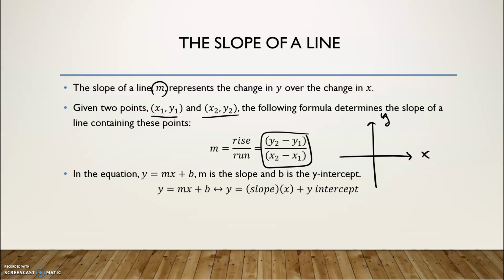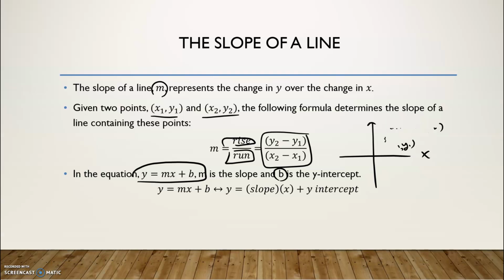y2 minus y1, if, say these are our points, x1, y1, x sub 2, y sub 2, then the distance between the y values is the vertical part, so that's the rise, and then the distance between the x values, that is the run part. So in the equation, y equals mx plus b, m is the slope and b is the y-intercept. I think I said x-intercept, I meant y-intercept.